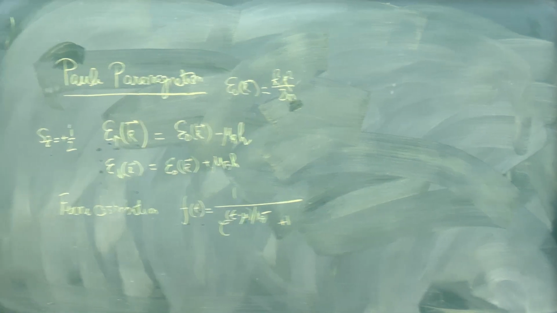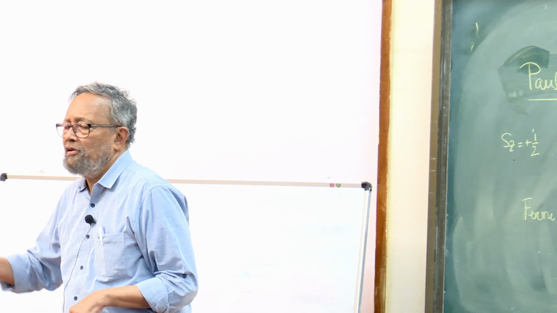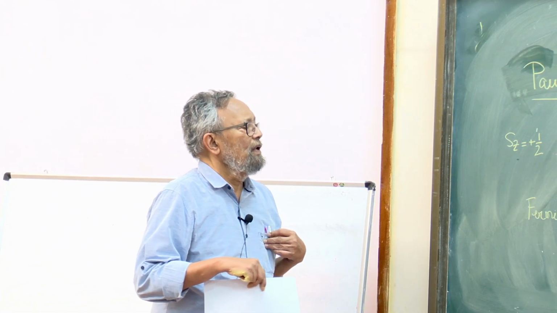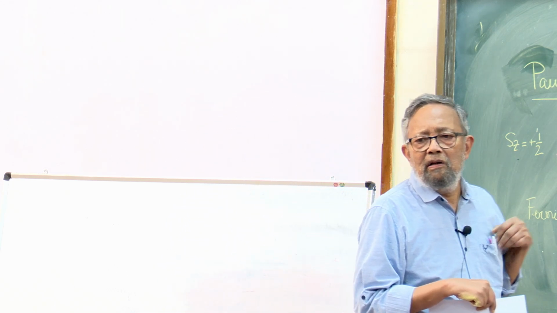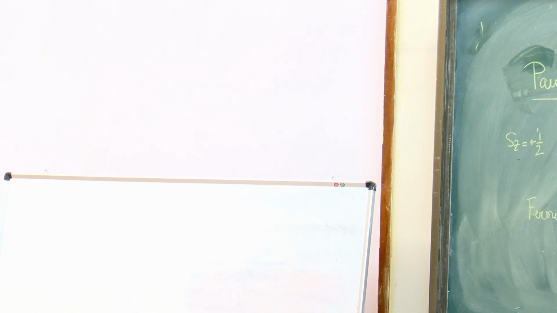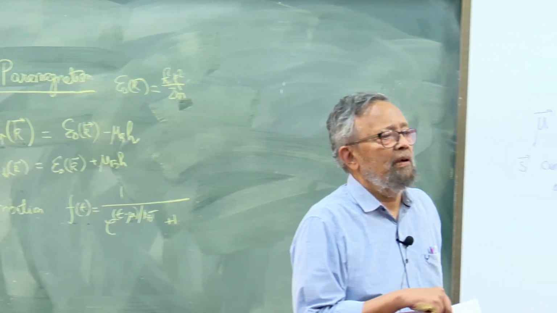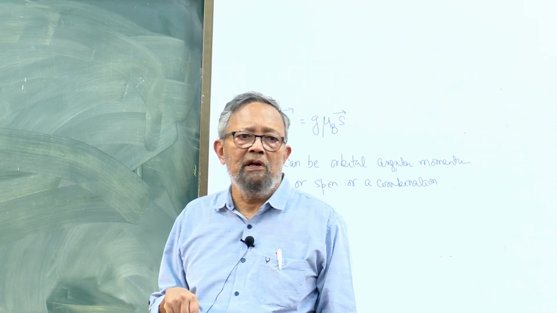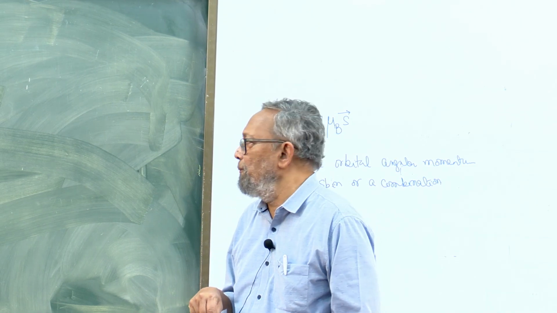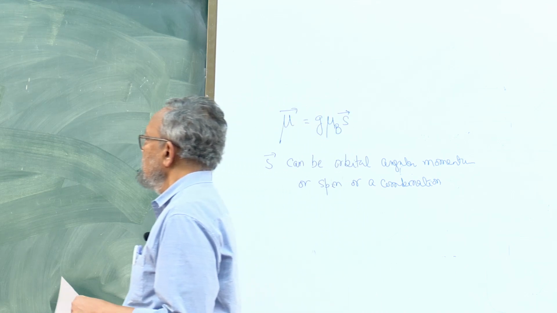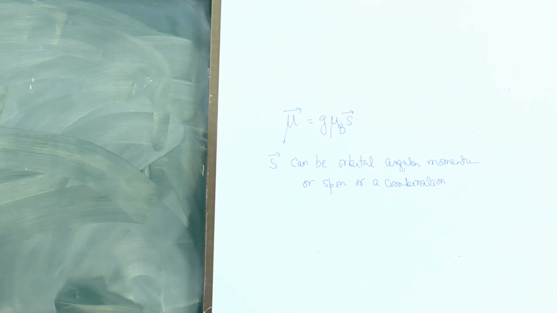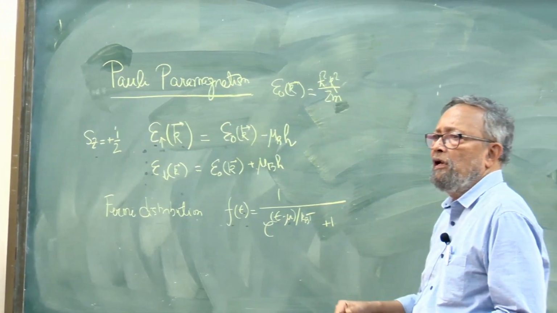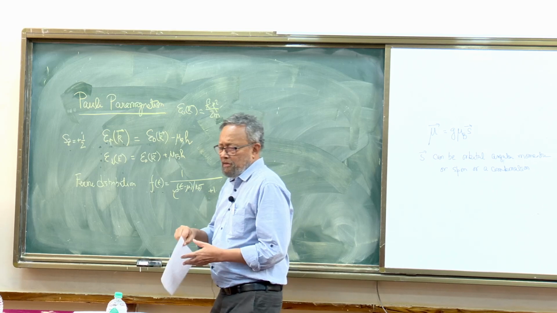At T equals 0, it is the Fermi energy, but at finite temperature, there is some action. So this mu has to be chosen in such a way that the total number of electrons that you calculate actually matches the number of electrons that you have in the system. So this is the grand canonical ensemble, where you fix mu, calculate the number of electrons, and determine mu by demanding that the number you have calculated should match the actual number of electrons in your system. So it is the same thing. But this energy now has two different values, depending on whether you look at upspin or downspin. So it is quite simple.